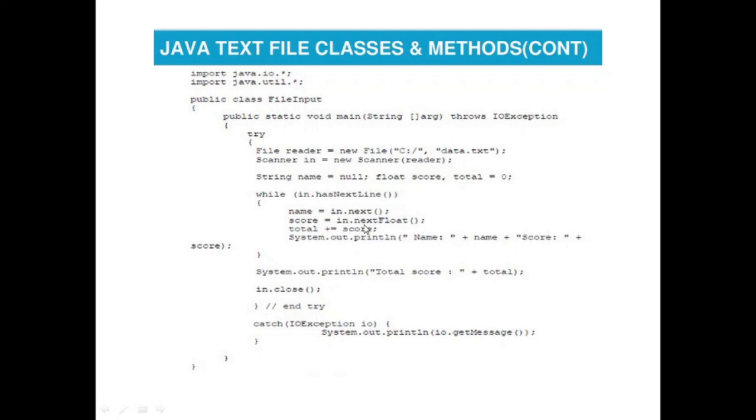Then score = in.nextFloat will return the next float value and will store it inside score. And total += score, that is total will be incremented by the value of score. It will keep the sum of all the scores and then it will be printed. Okay, and when this loop finishes, it prints the total, that is the total score. Okay, so this is the usage of a Scanner class with the File class.